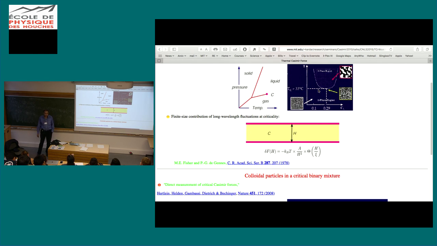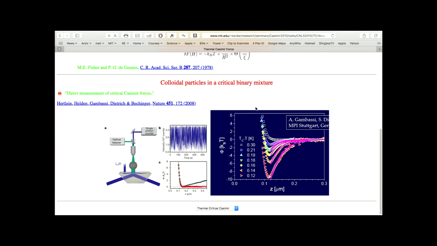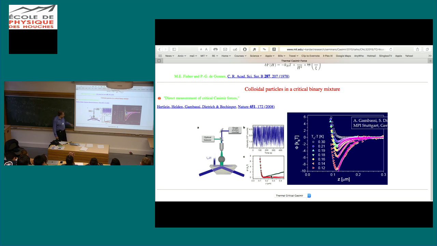And so what they did in experiments was that they actually had spheres. If you remember, the quantum Casimir force was also measured between a sphere and a plate. We will go into the distinction between two parallel plates and sphere and plate later on, but ignore that for the time being.